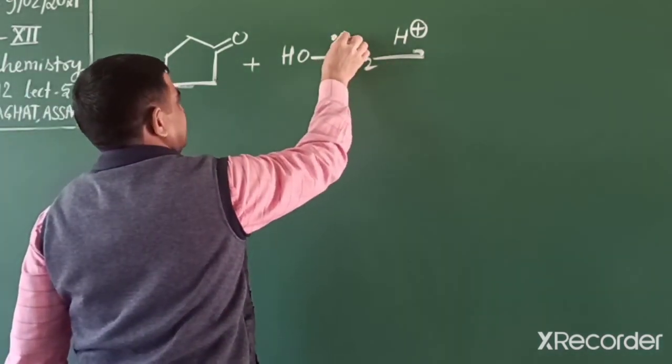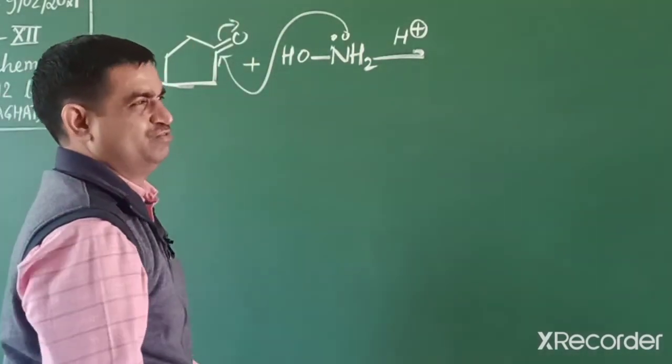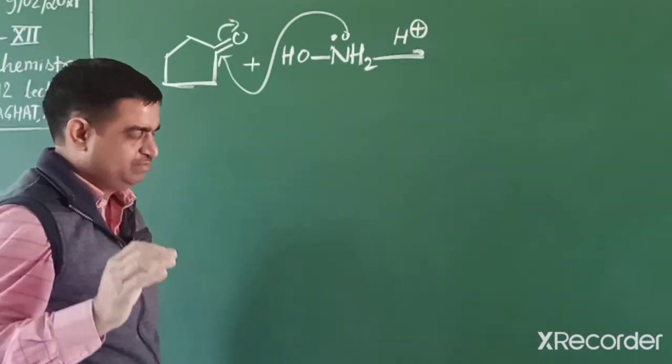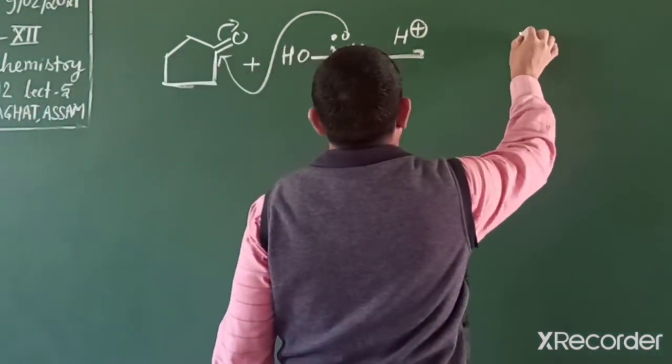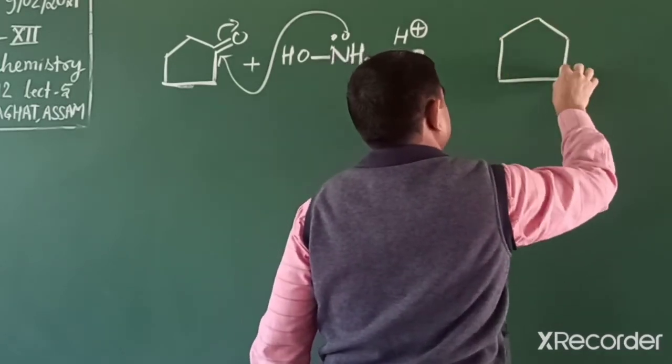Nitrogen attacks as a nucleophile like this, and ultimately a water molecule is removed. This is a nucleophilic addition, then further an elimination reaction. So we get the product like this.